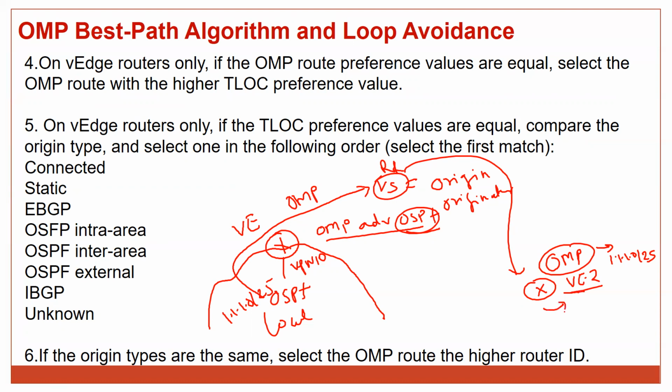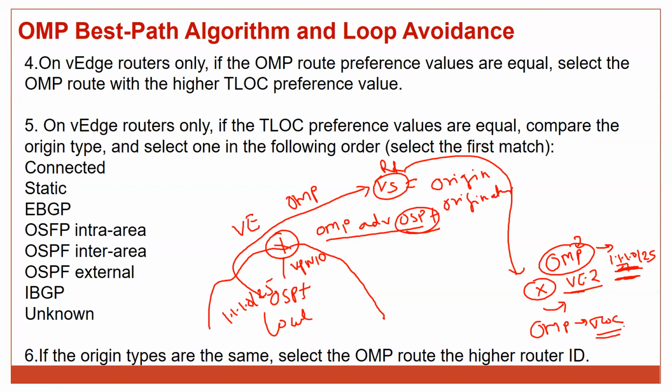Now, if you check the details of this particular route and prefix, which I'm going to show you today in the lab, you will see that OMP has attributes: it knows what the origin is and which type of routing protocol it is. All that information it has. And remember, OMP has one more attribute, the TLOC.